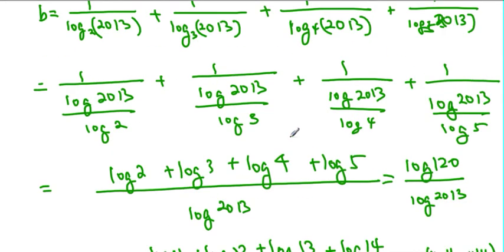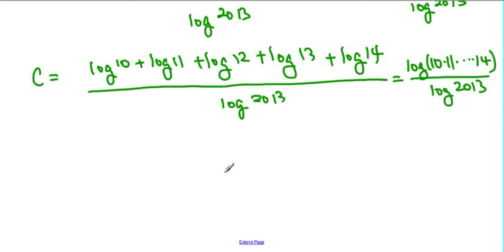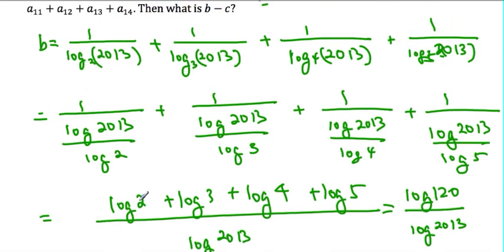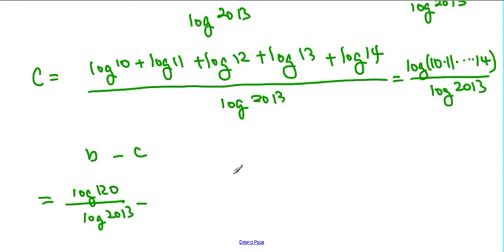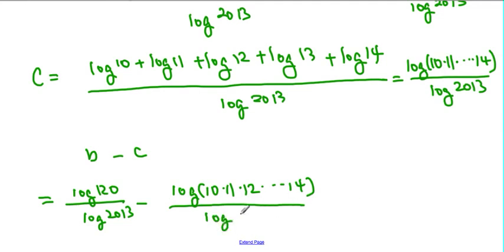Now since what we're looking for is b minus c, that is b was log of 120 over log of 2013, as you can see right over here, minus c would have been log of 10 times 11 times 12 times up to 14 all over log of 2013.